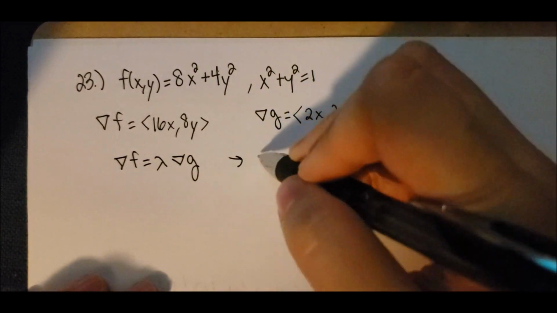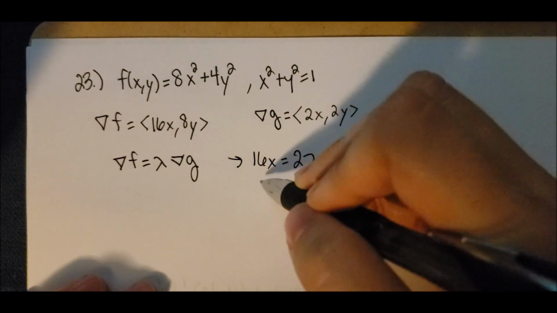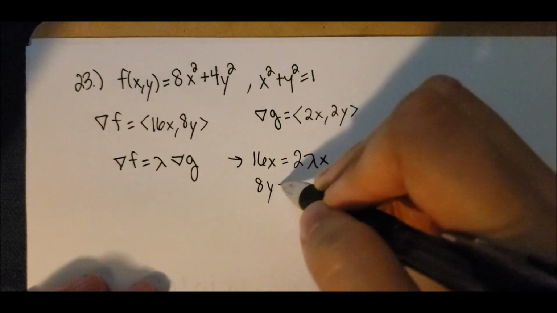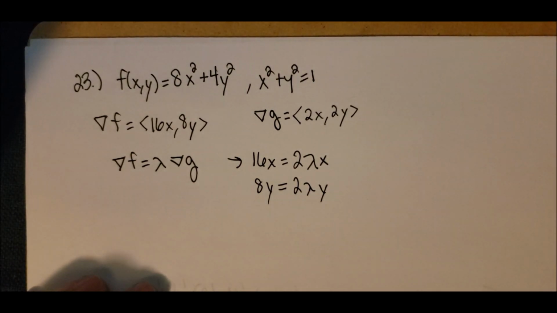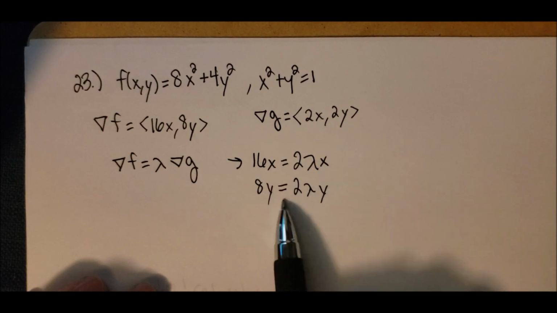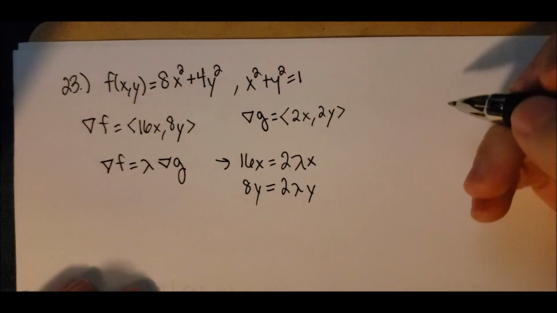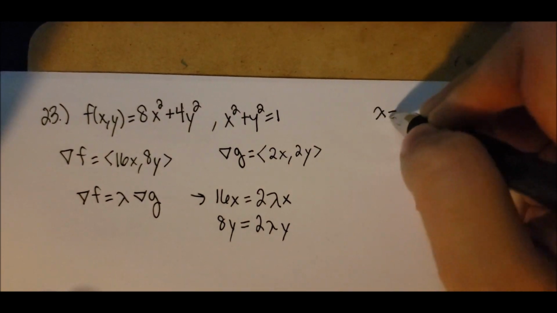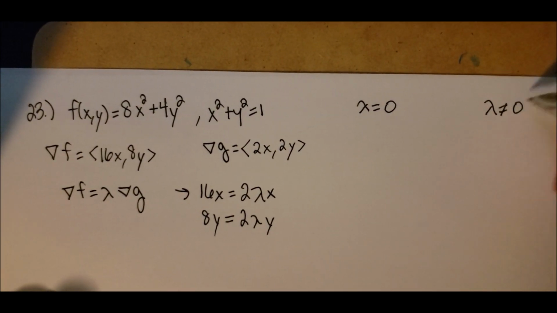So that gives you 16x is 2 lambda x, and 8y is 2 lambda y. So basically you have x on both sides, y on both sides, so you're going to have 2 scenarios. Either lambda equals 0, or lambda is not equal to 0.